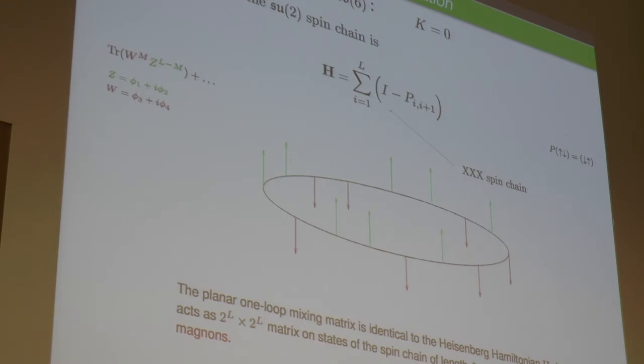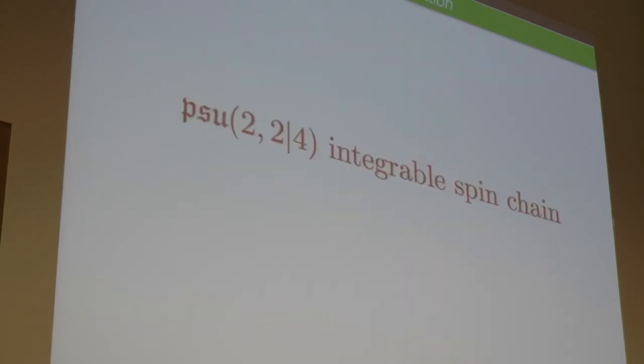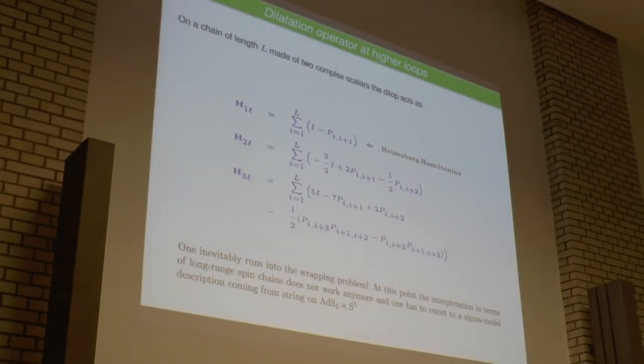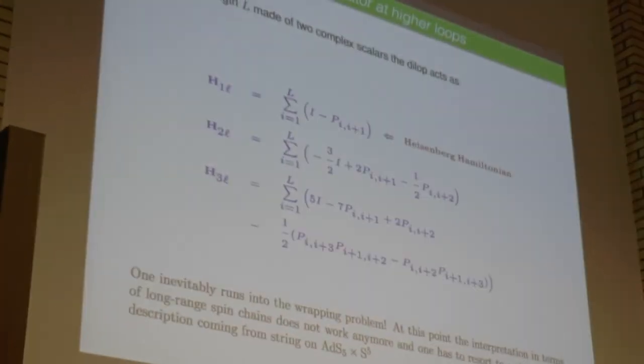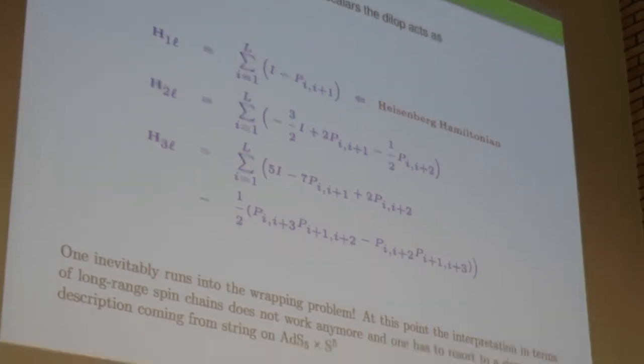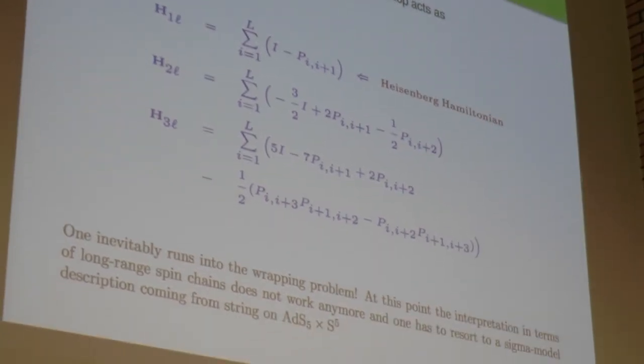It starts to depend on which length operator it is applied to. So at this point, the interpretation of the dilatation operator as a Hamiltonian of an integrable long-range spin chain is lost. And to my knowledge, up to now, we don't have any satisfactory answer on how to treat this problem of wrapping around. So at this point, to my mind, the interpretation in terms of long-range spin chains ceases to work.